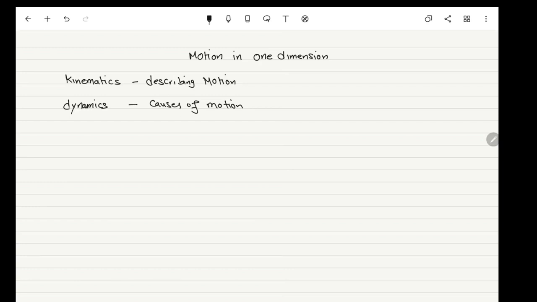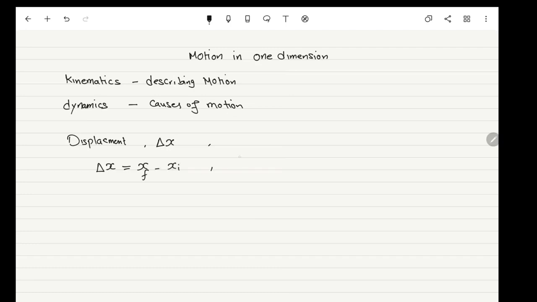Let's start by defining displacement. Displacement is defined as the change in position during some time interval. So it's defined as delta x, where delta x equals x final minus x initial.